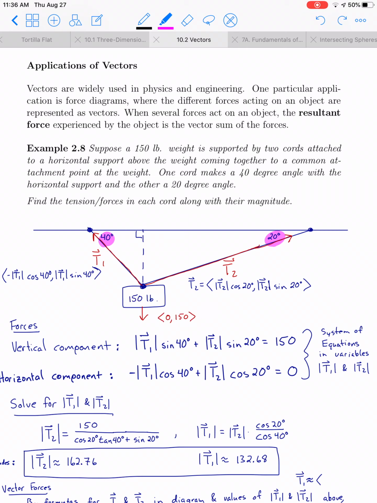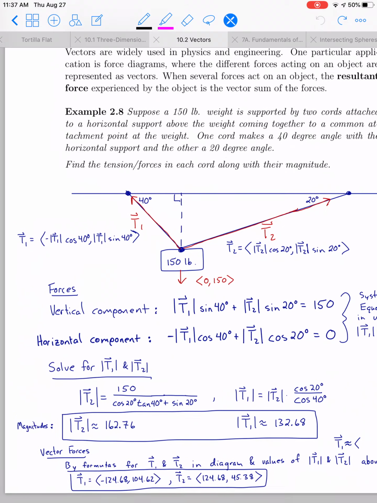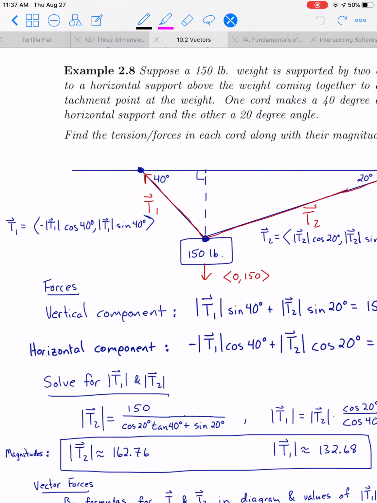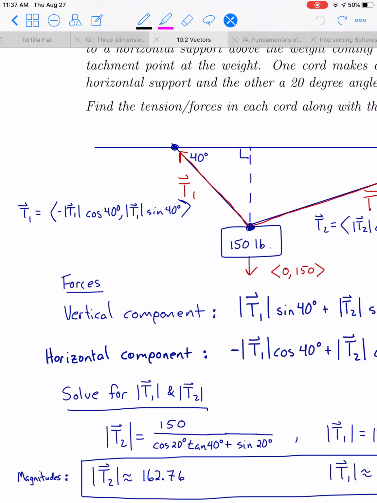So we place that in where we can. We've dropped this altitude just to make some of the trigonometry make sense. So we look a little closer. Tension 1, or the tension in cord 1, is actually right here. If we look at our triangle, cosine of 40 degrees is the adjacent over the hypotenuse.